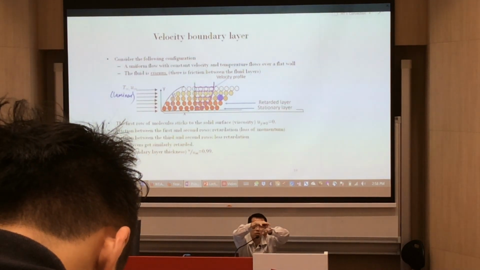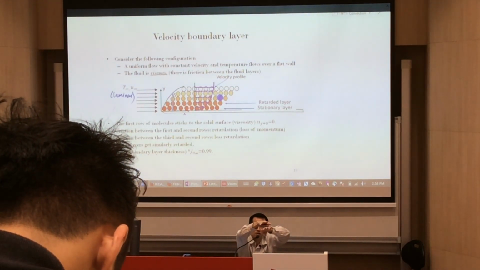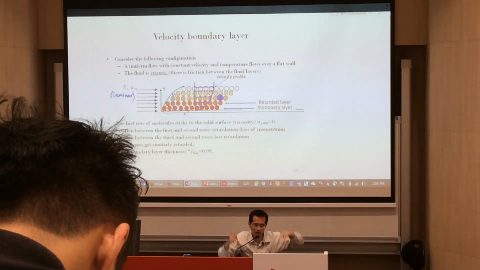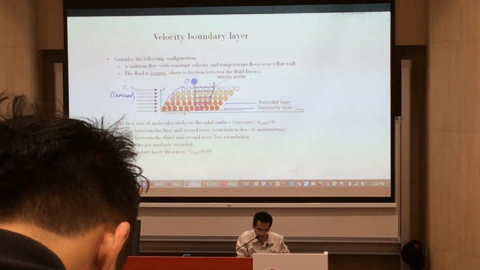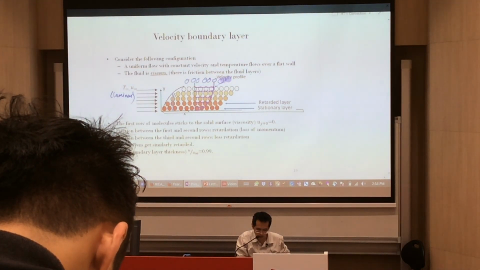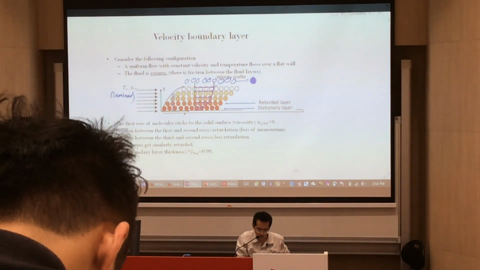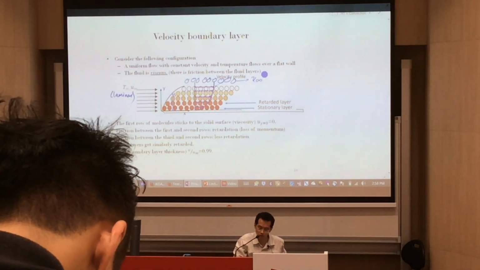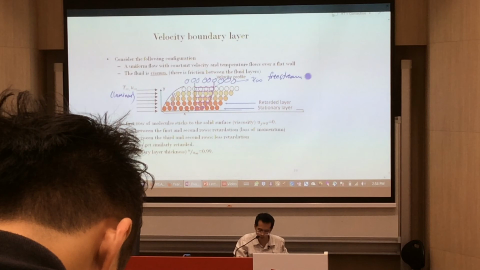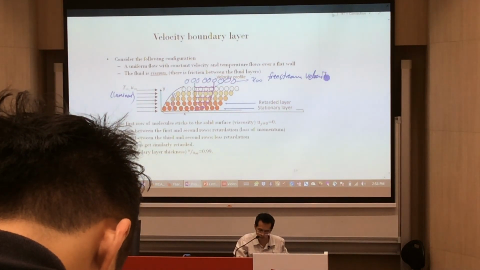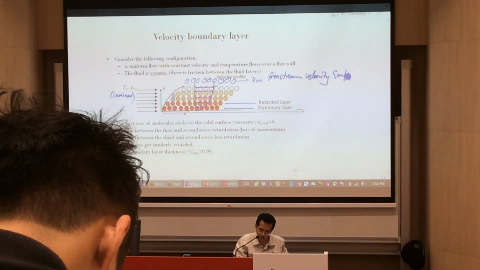The next layer on top of it will be at a slightly higher velocity, and then it kind of stacks up all the way to the top, where this layer up there would have the velocity that's U infinity, that's your free stream velocity.